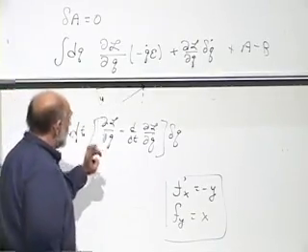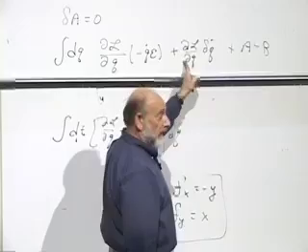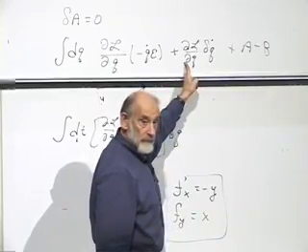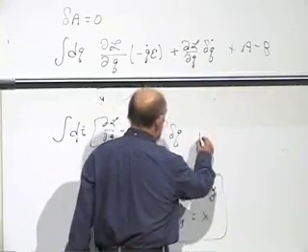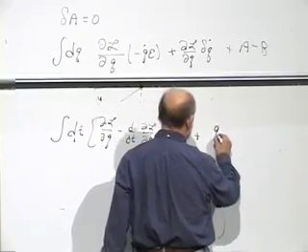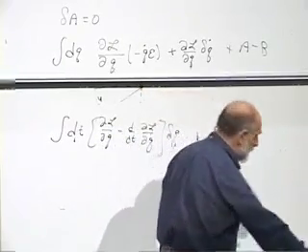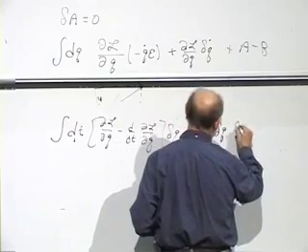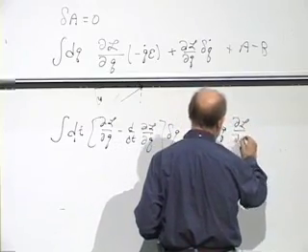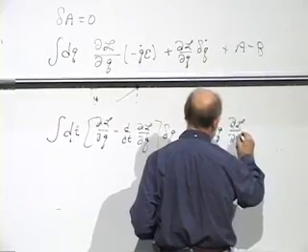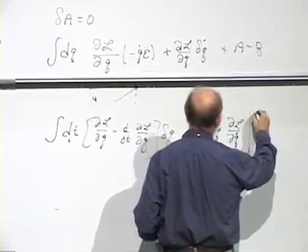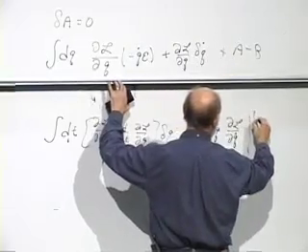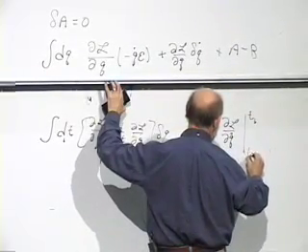I've left out, first of all, the contribution I got by integrating by parts. So that gives me plus delta q times dL by dq dot evaluated at tb minus at ta.